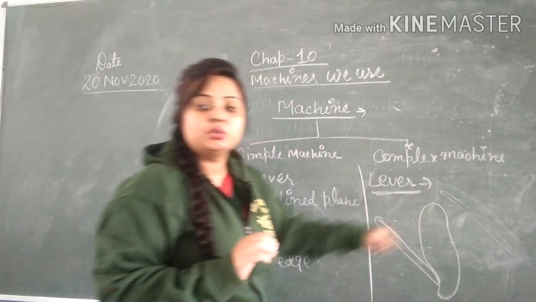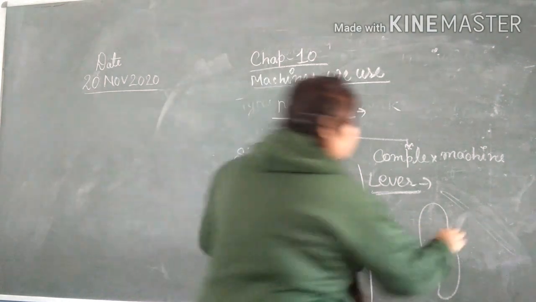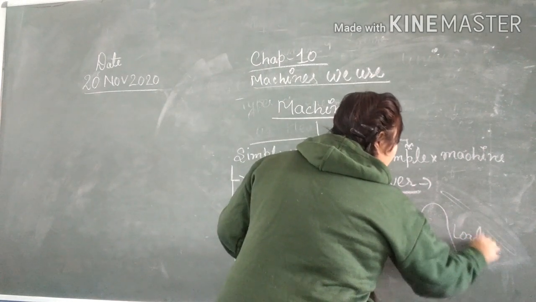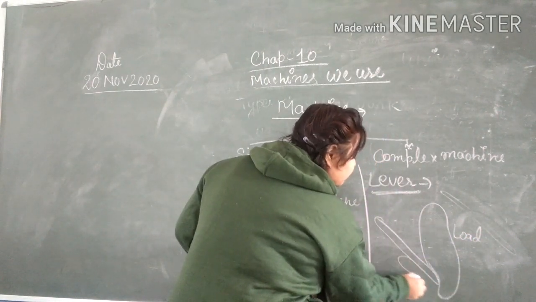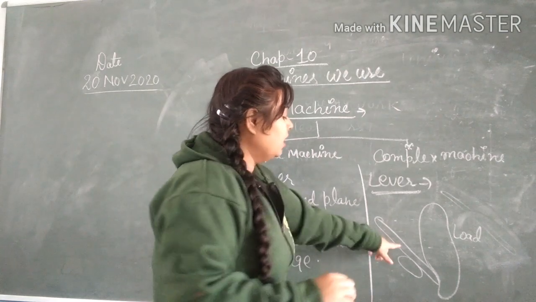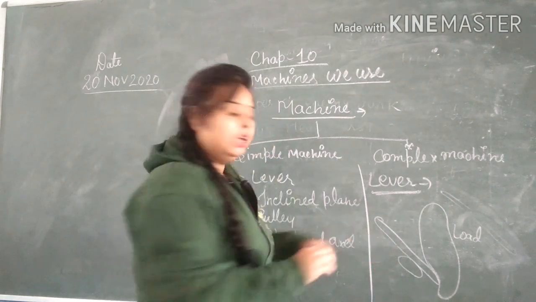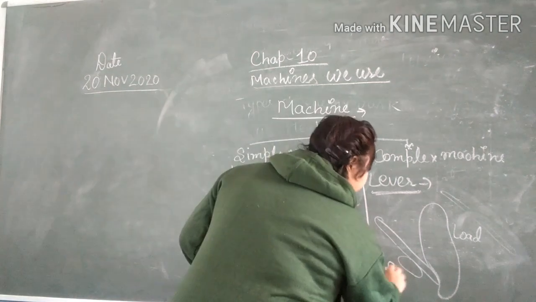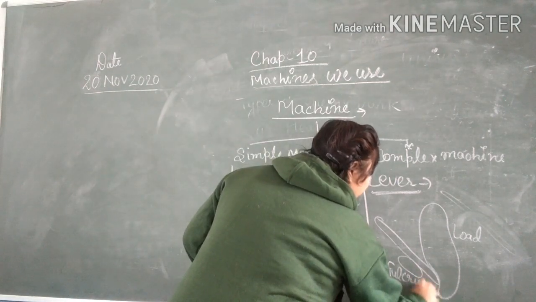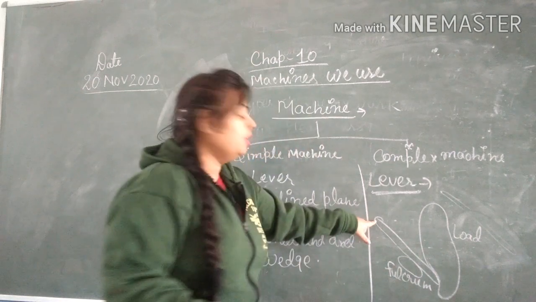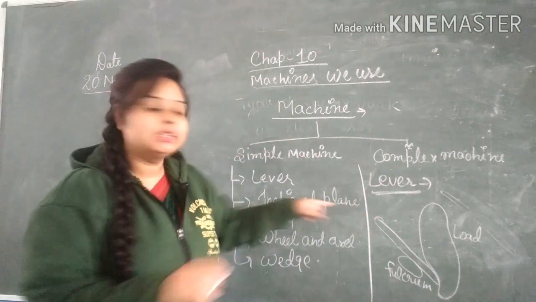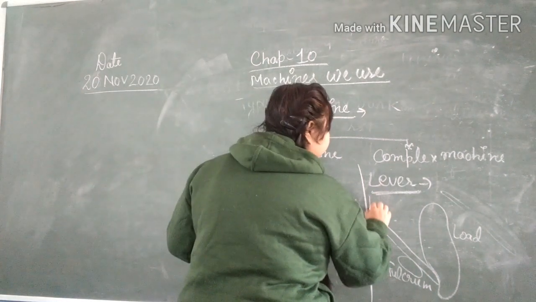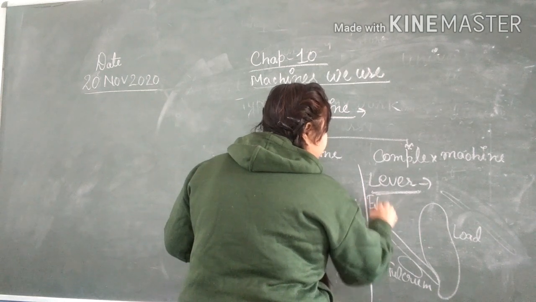This large stone is a load, and the small stone where the rod touches it is a fulcrum, and where you put a force, that is the effort.